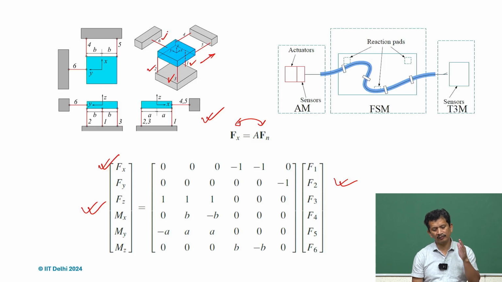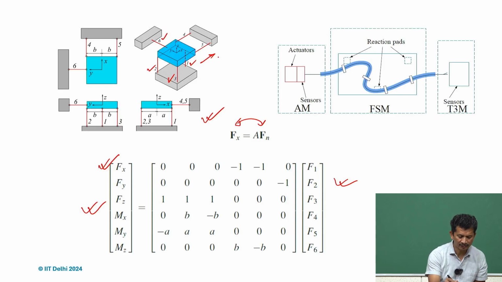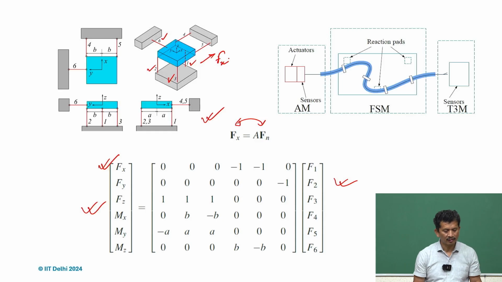What we realize is, if we apply force f x, the constraints provided by 1, 2, 3 and 6 will not provide any constraint, because whatever infinitesimal displacement we are talking about is normal to the constraint lines 1, 2, 3 and 6.